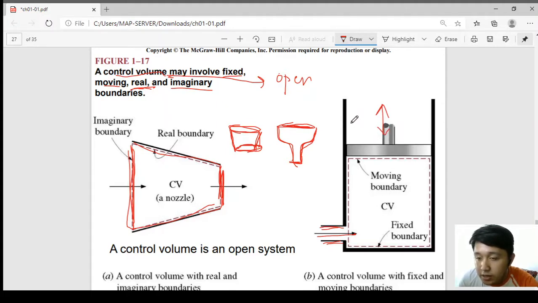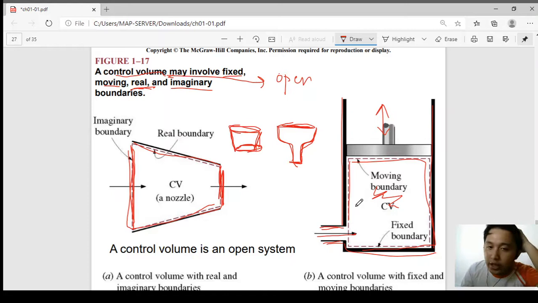It can be increasing and decreasing. So we have a fixed boundary here. The system itself is not the piston, not this, but the gas inside, whatever we are actually studying. So that is the system.